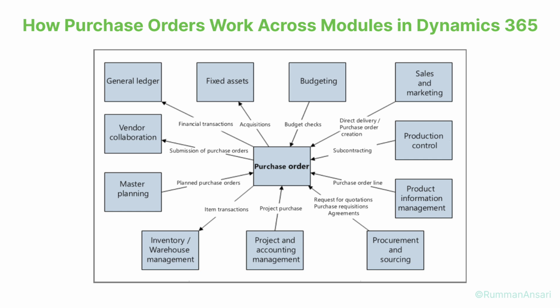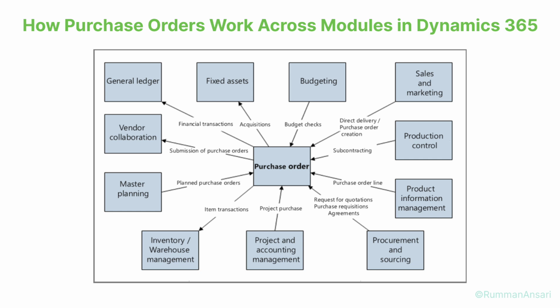Master planning uses forecasting and demand to automatically generate planned purchase orders. Let me give one example. The system predicts a shortage of packaging boxes in the next month. It generates a planned purchase order to help you stay ahead of the demand.